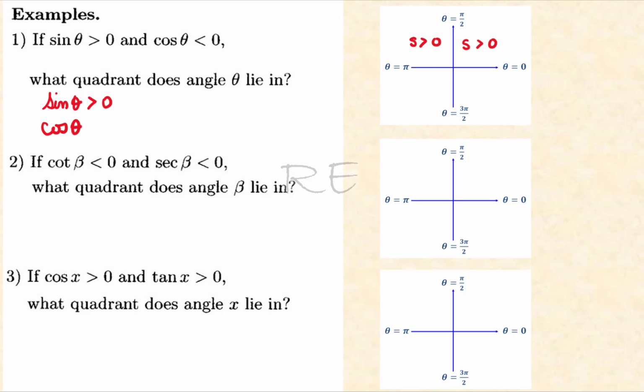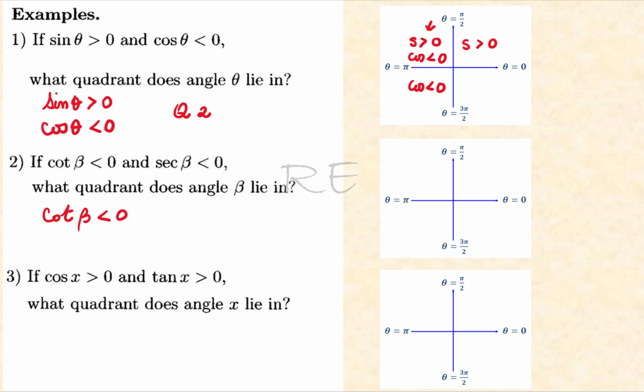Cosine theta is less than 0, negative, in the second and in the third quadrant. Cosine represents x, and that angle must be in the second quadrant, the quadrant in which sine is positive and cosine is negative.